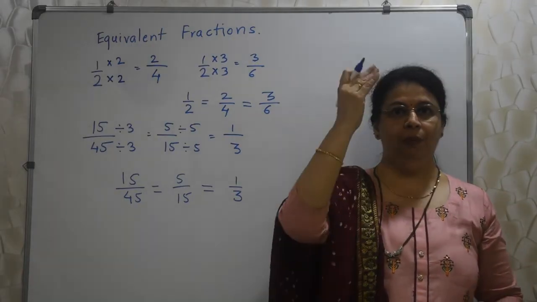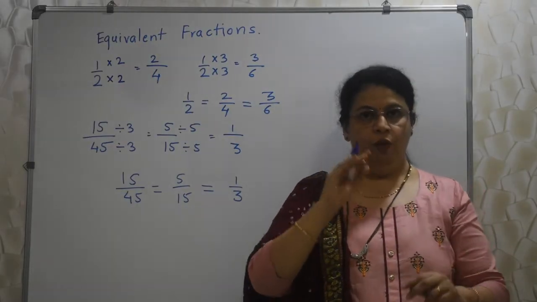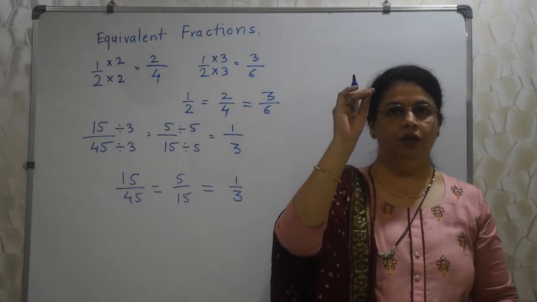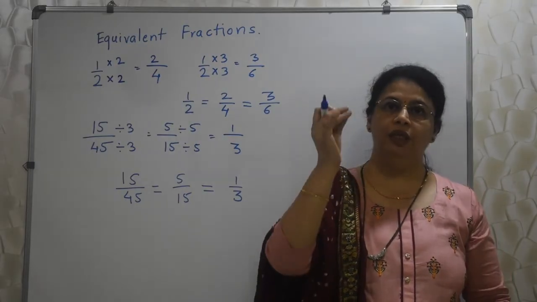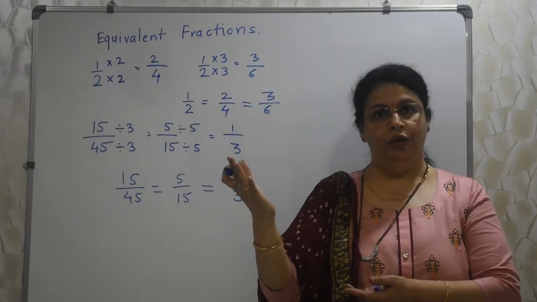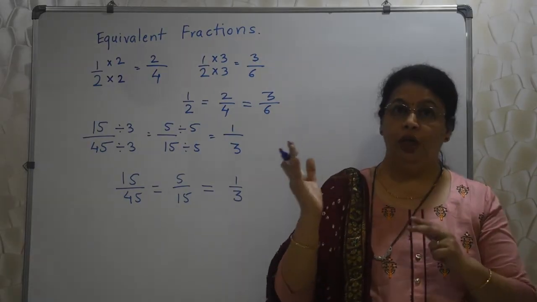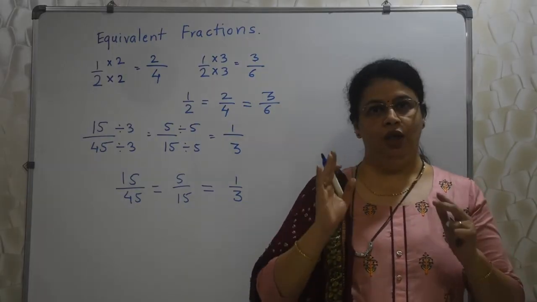Operation in the sense multiply by 2, multiply by 2, divide by 5, divide by 5. Whatever you do to one, for example numerator, you have to do the same thing for the denominator. Then whatever new fractions you get are equivalent to the original fraction.